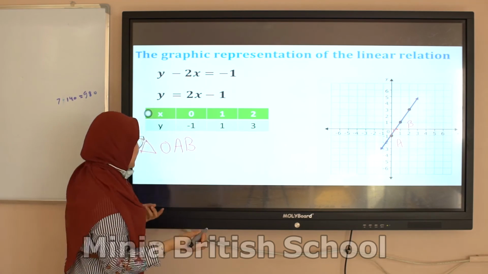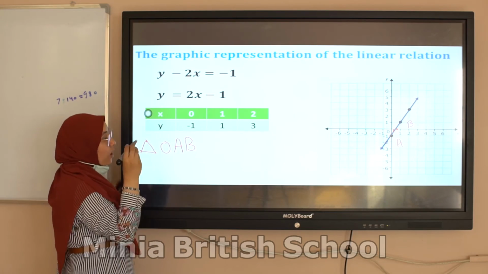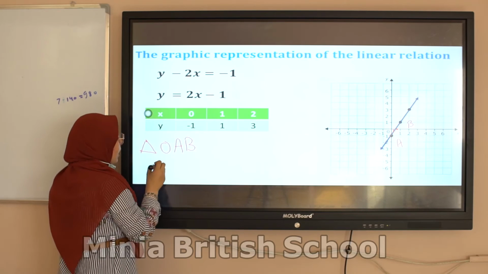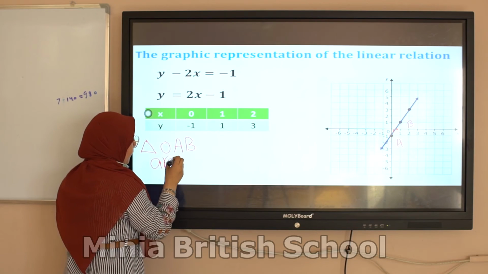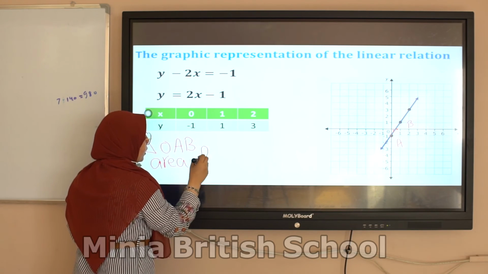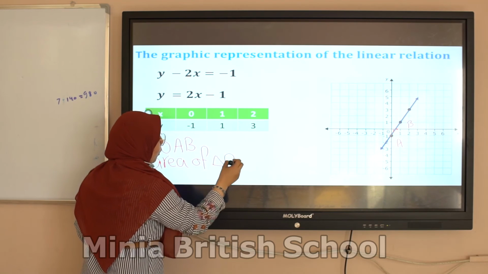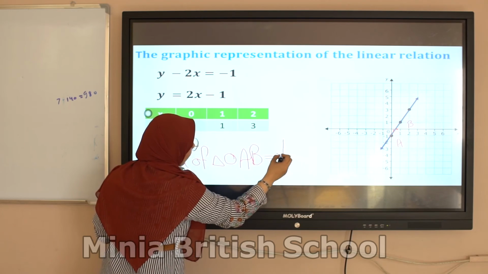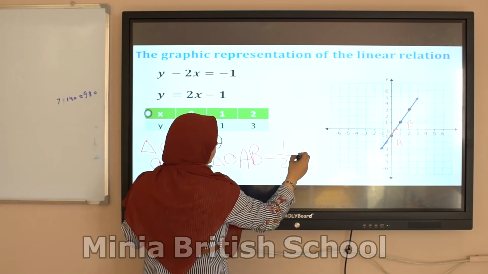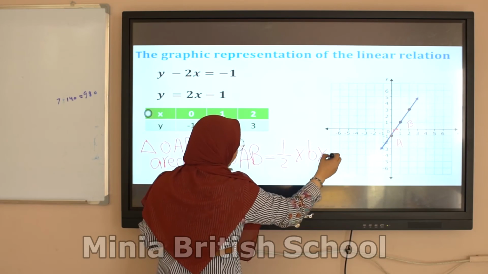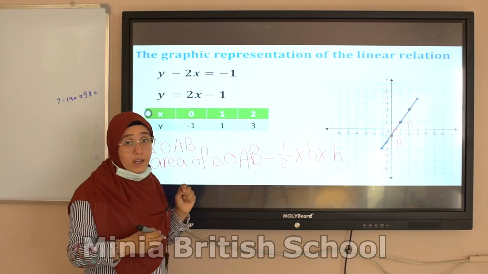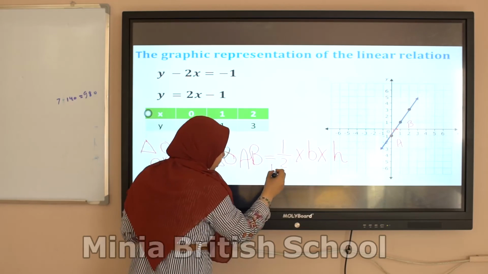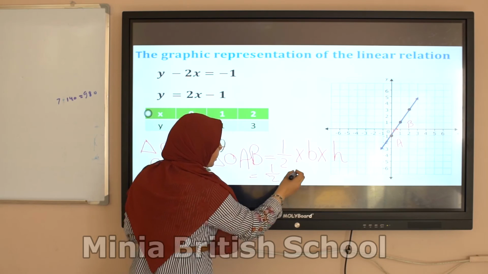Yes, the area of triangle OAP equals half times base times height, okay?